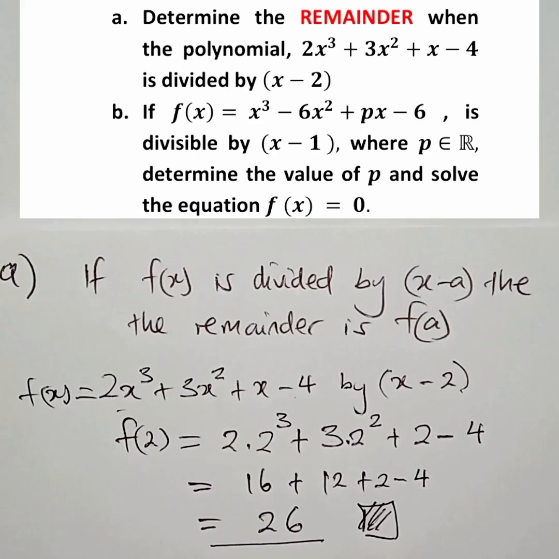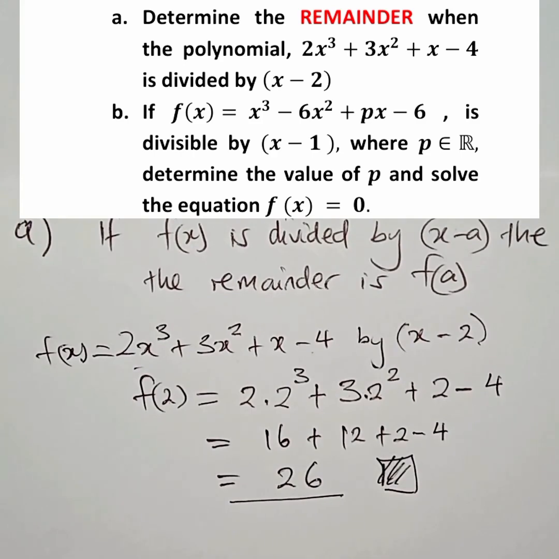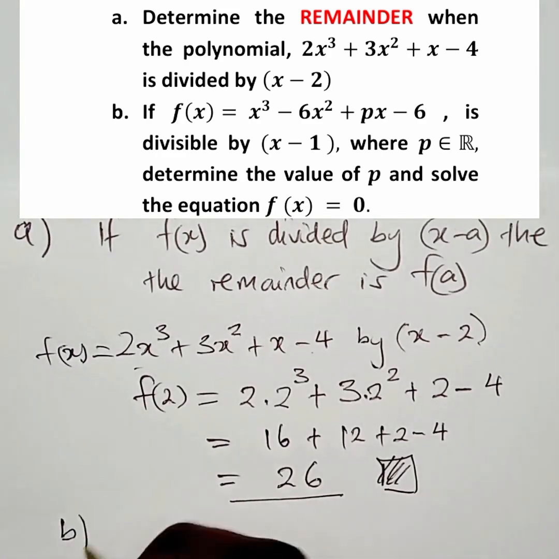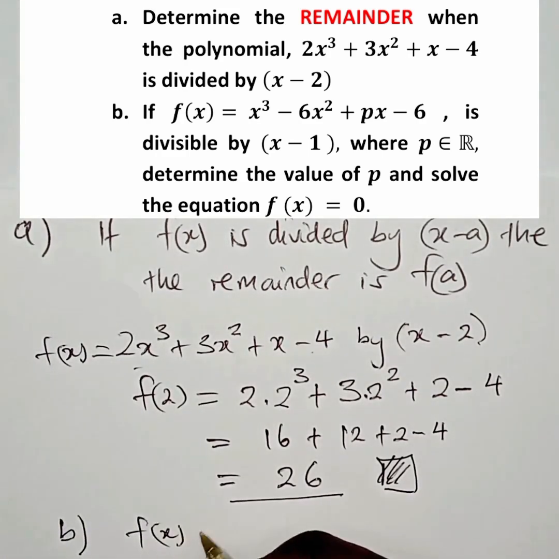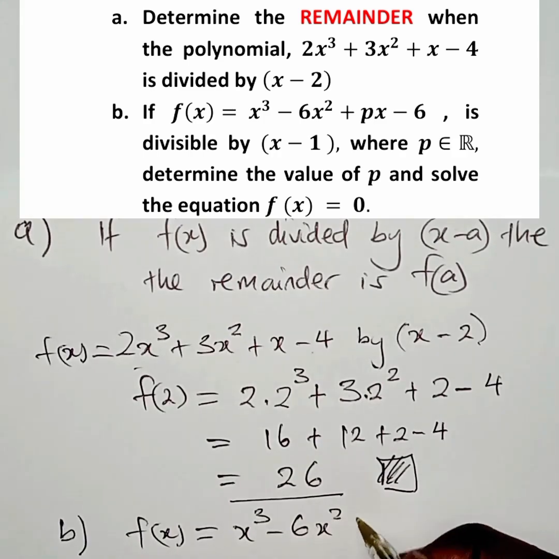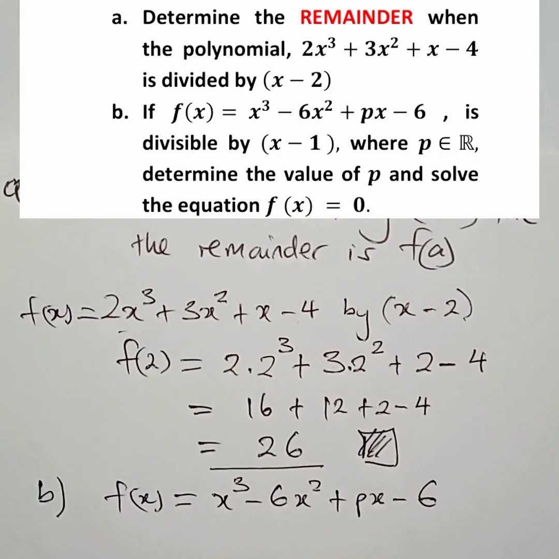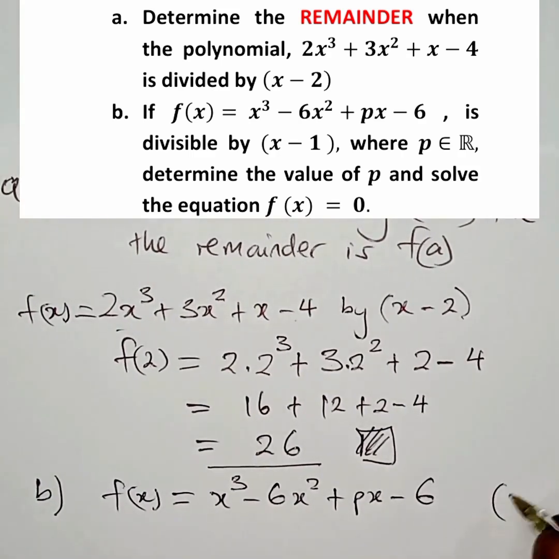All right, now let's move on to the next part, and that is b. Now b reads, if f(x) is equal to x to the power of 3 minus 6x squared plus px minus 6 is divisible by x minus 1, so this can be divided by x minus 1, where p is an element of the real numbers.